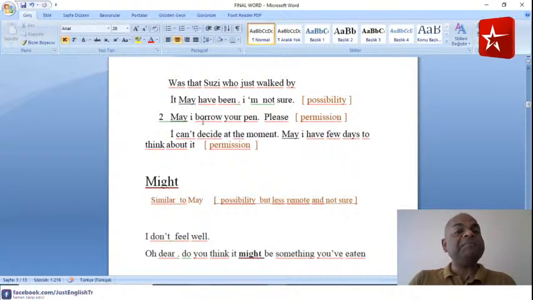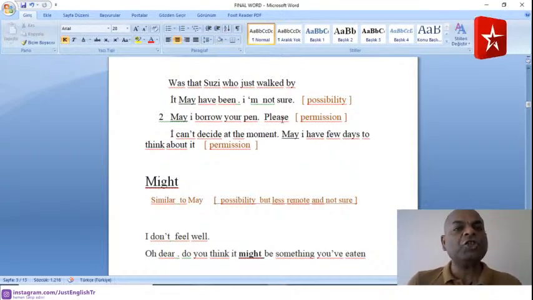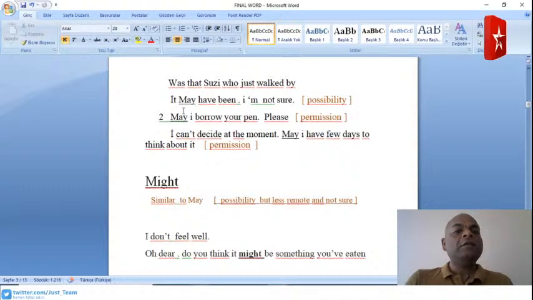And it says, it may have been. I am not sure. It means what? That maybe that could be Susie, but I'm not sure if she's the one. So we use the past modal verb may because it's a possibility. And secondly, it's in a very polite way.